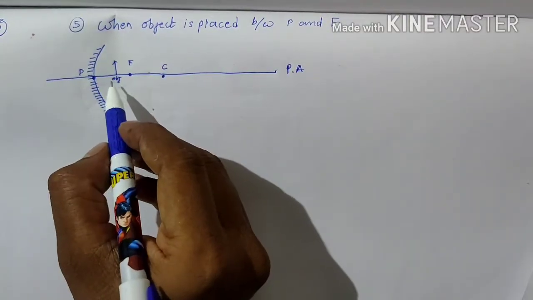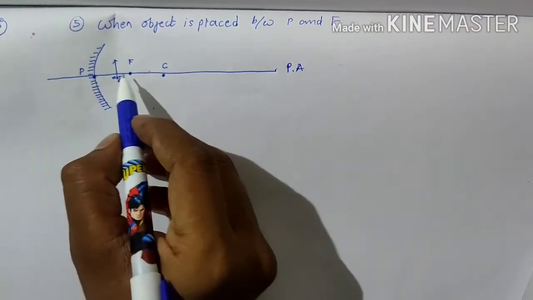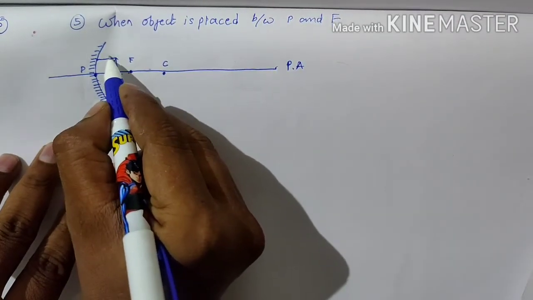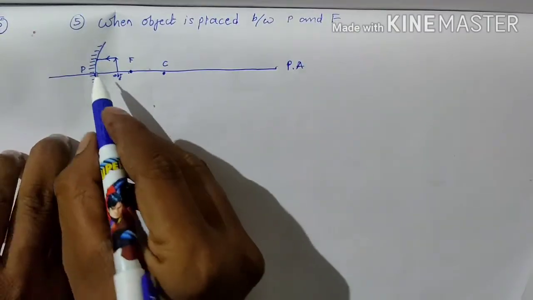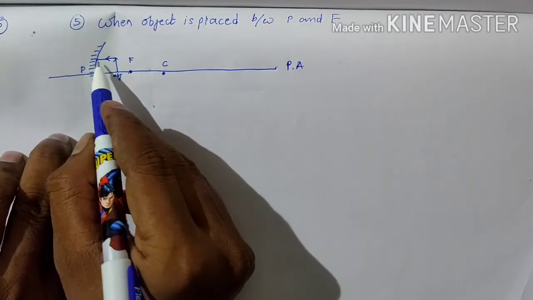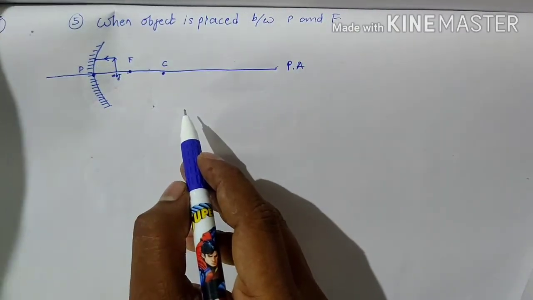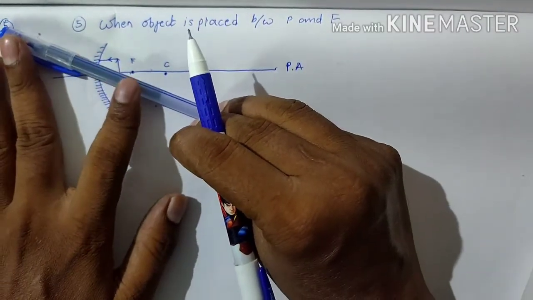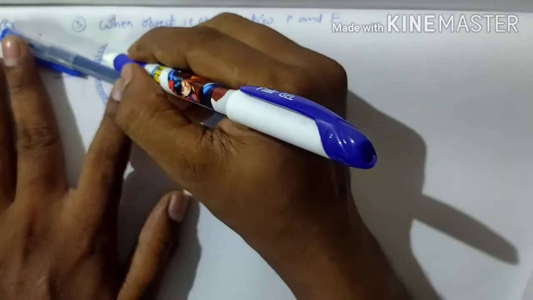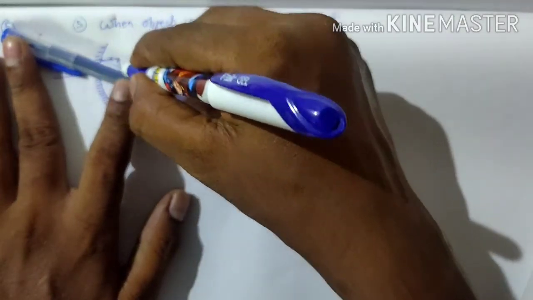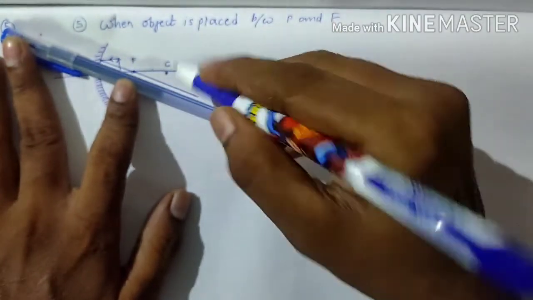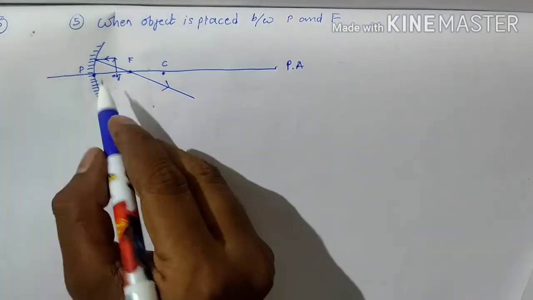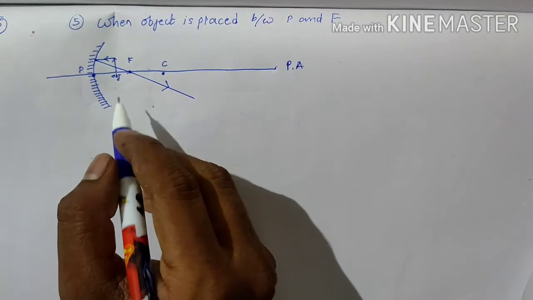Now the object is placed between pole and focus. The first ray is the parallel ray. You know that this parallel ray will get reflected through focus. This is the reflected ray for the parallel ray.